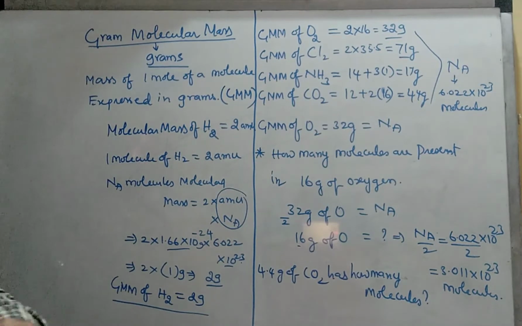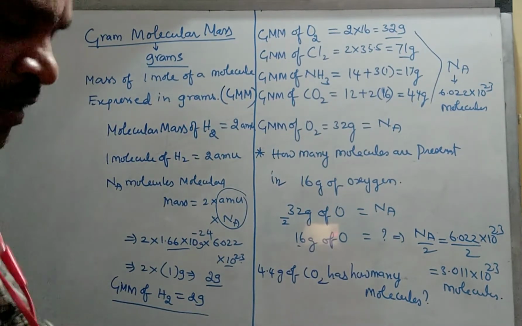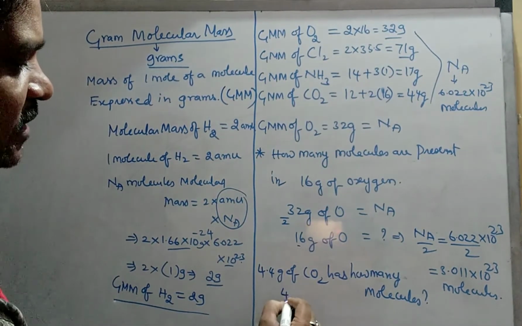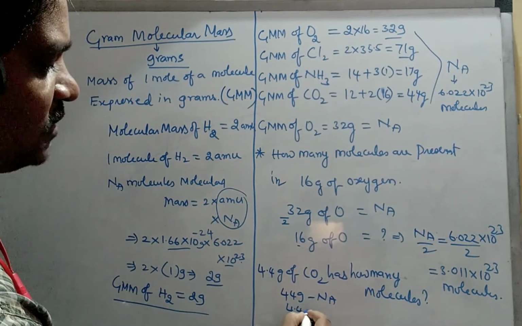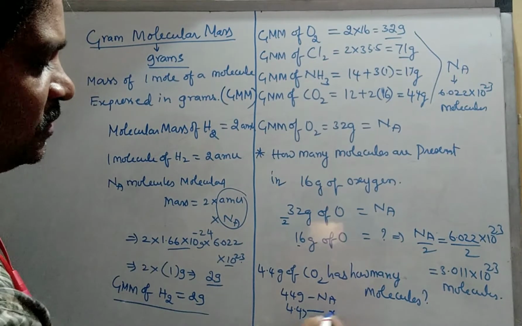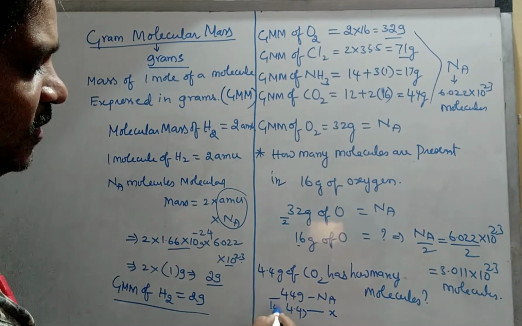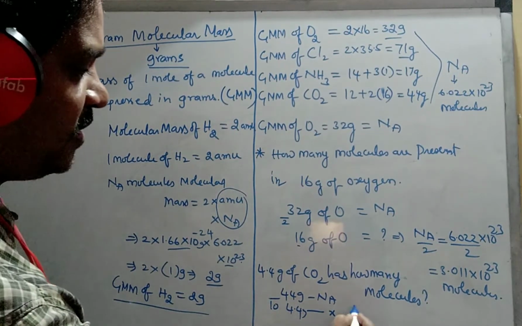How will we do this? 44 grams has Avogadro number. 4.4 grams has how much? We get this by dividing by 10. In the same way, Na by 10.